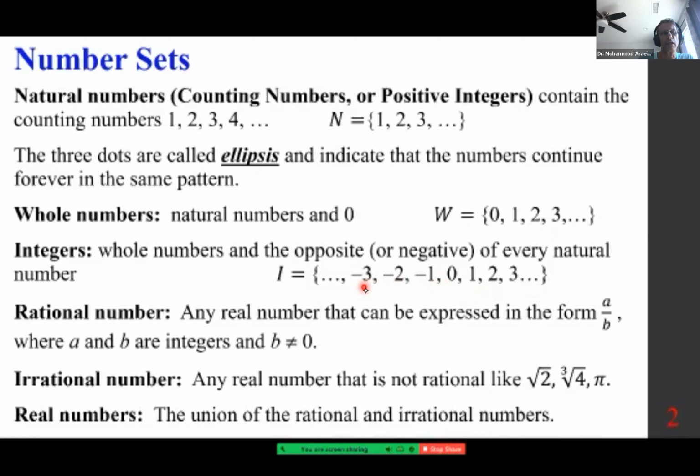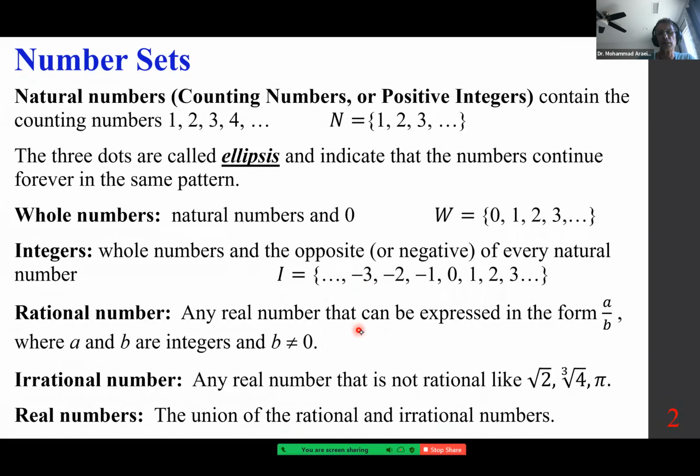Rational number: any real number that can be expressed in the form of a over b, where both a and b are integers. So in other words, a fractional format. If you happen to have any of these numbers that were mentioned before, they're all rational numbers.